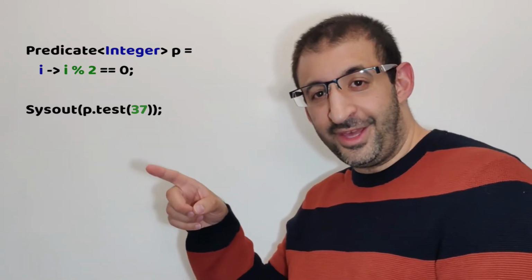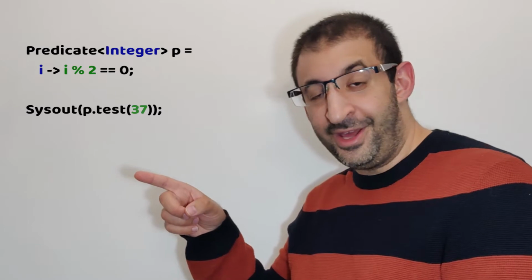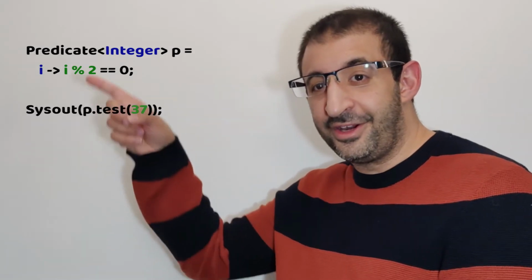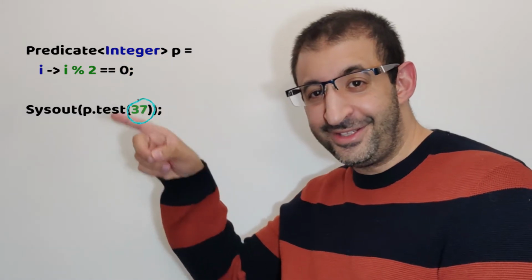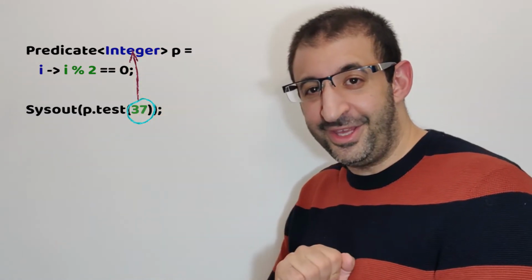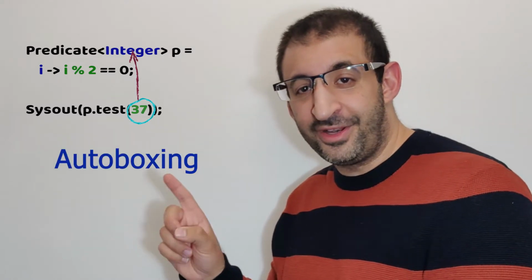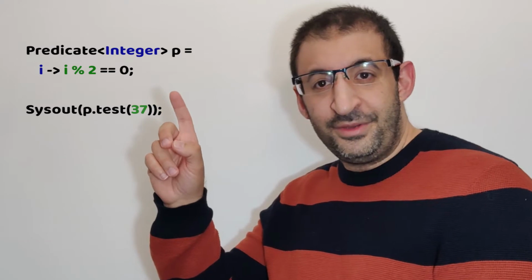But the input parameter is Integer. So we have autoboxing: we convert the primitive type to the object type. What else do we have? We check if the number is even or not, so we divide by 2. We can't divide an object type.